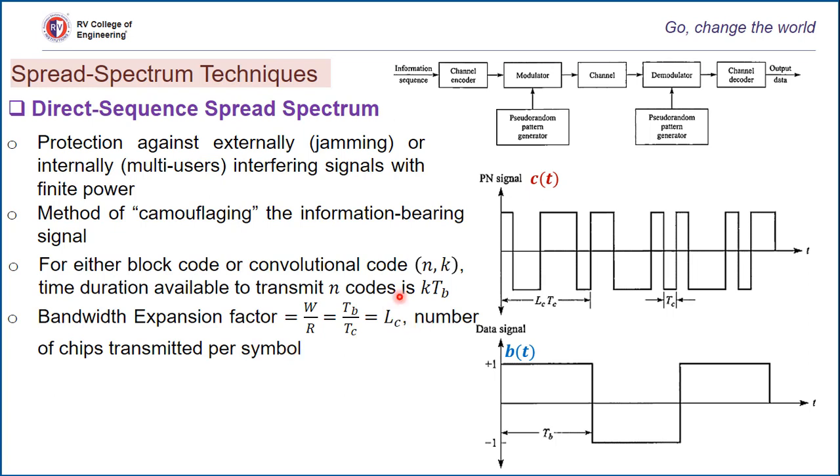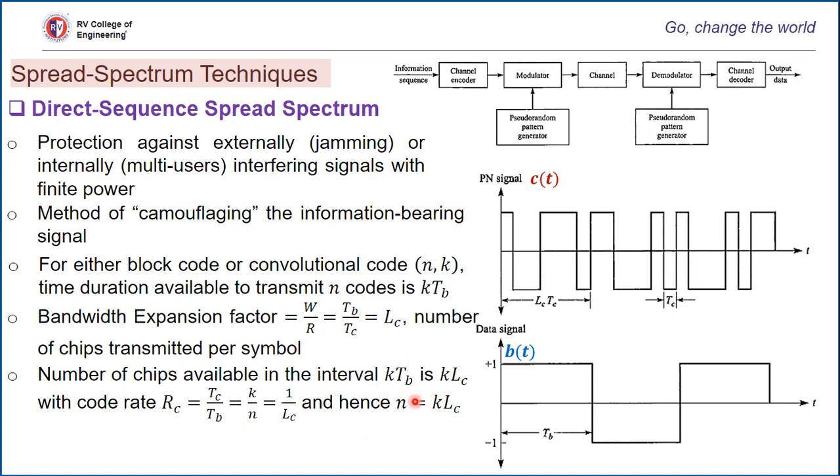So as many as Lc chips are transmitted per symbol duration. If the encoder generates a binary convolutional code or block code of rate k/n, the number of chips in that time interval kTb is also n = k times Lc.